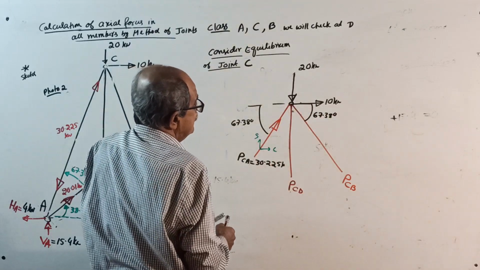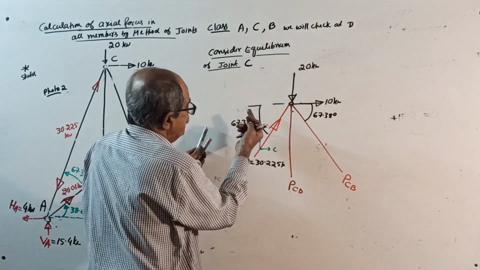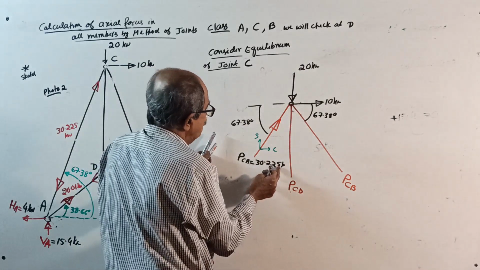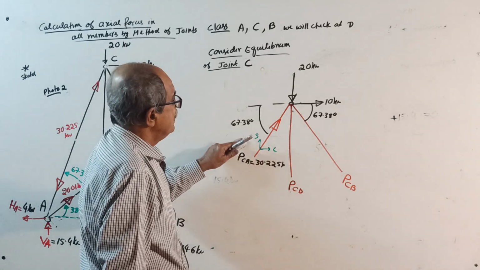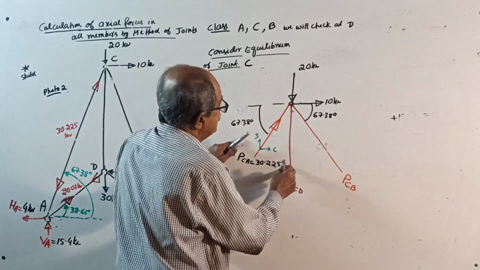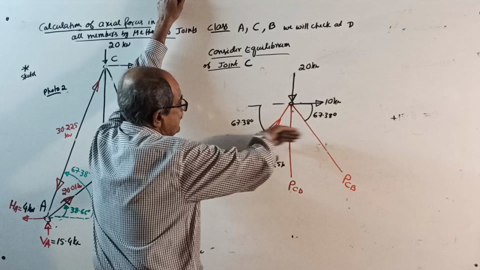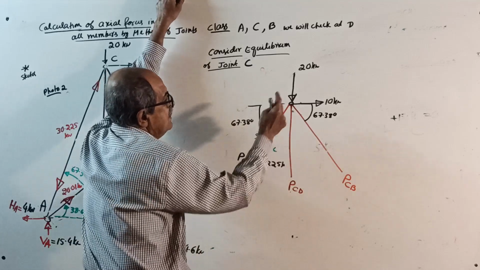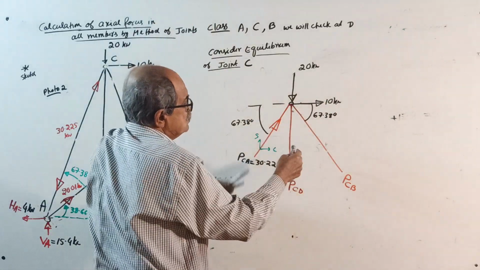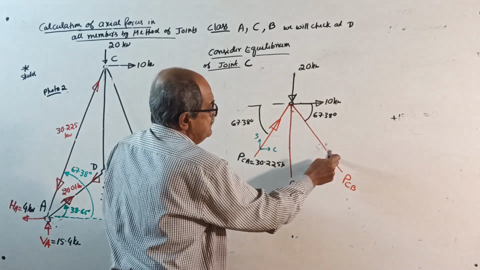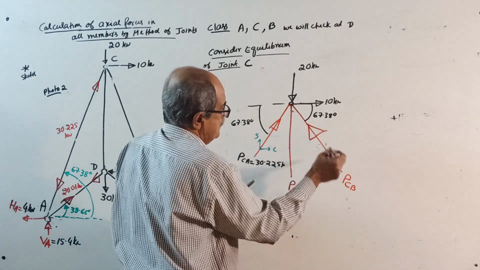Now directions: this is down, this is up. 30.225 into sine of 67.38, some number will come. Oh no, there are two forces. First try horizontal. This is acting right side, so it has a right side component. 10 is also right side. Both act right side, so this cannot balance. This should have a left component, so I know it is like this, PCB.